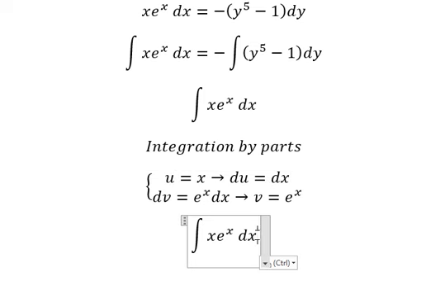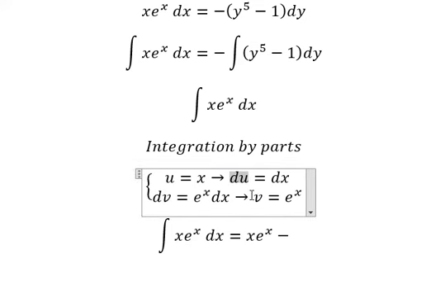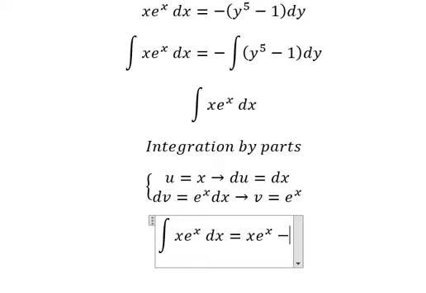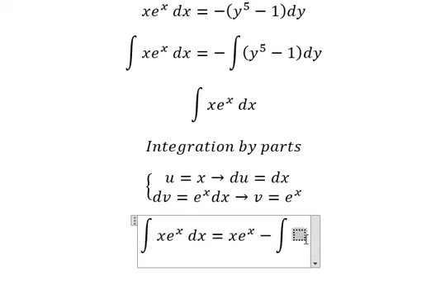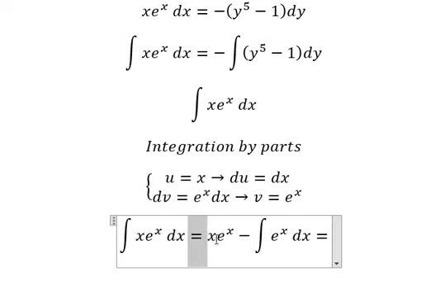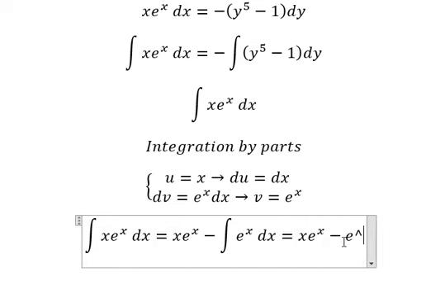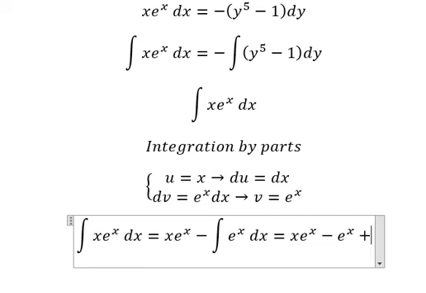So we have s e to the power of s minus the integration of v multiplied by du, so we have the integration of e to the power of s ds. So the integration of this one, we have e to the power of s, and we put c.